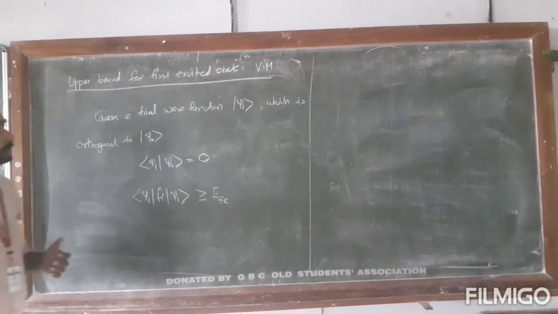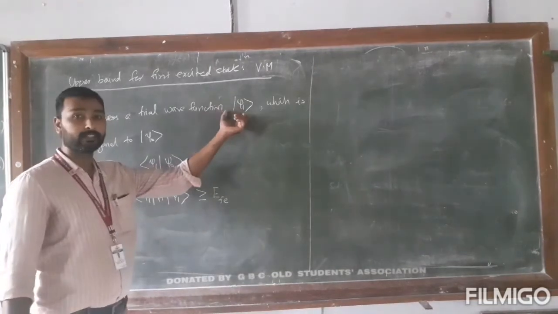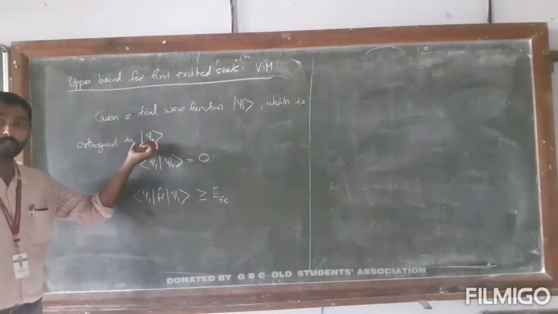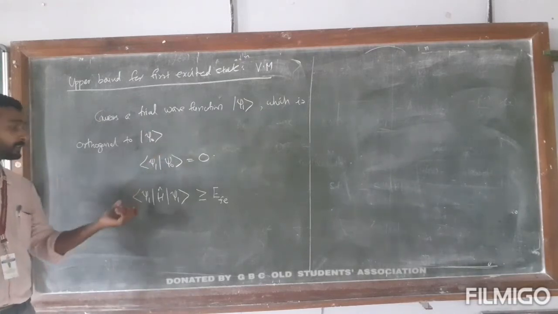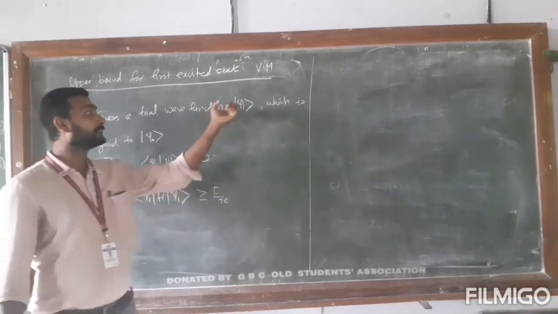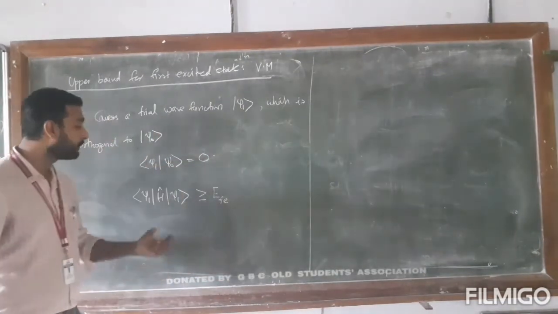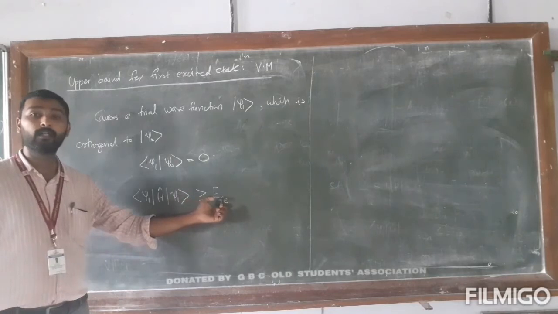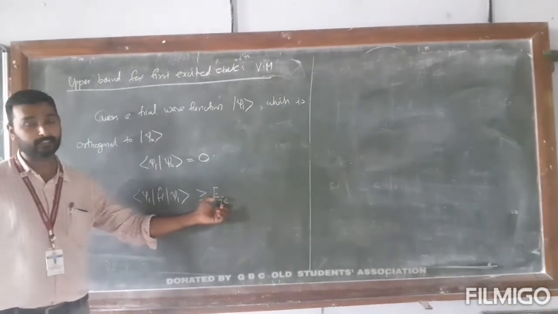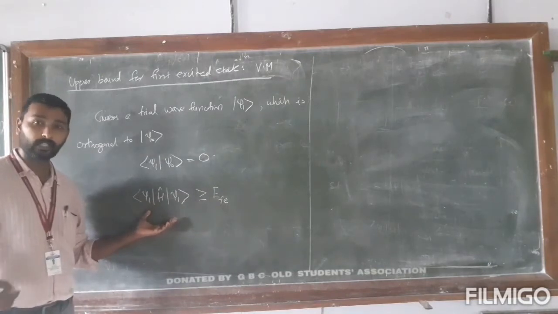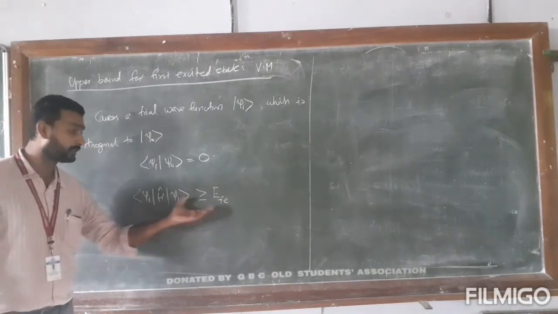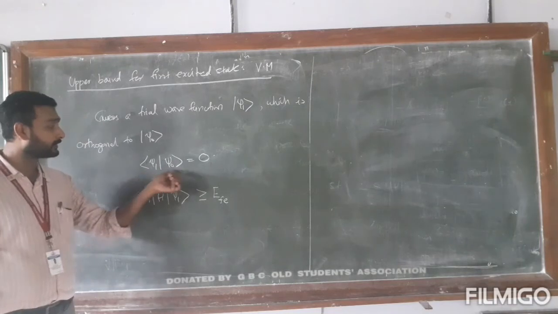If you are able to guess a trial wave function which is orthogonal to psi 0, the trial wave function used to find the upper bound of the ground state energy, then the expectation value of the Hamiltonian in psi 1 would always be greater than or equal to the energy of the first excited state. You can prove this. I am leaving it to you to prove this statement if this condition is valid.